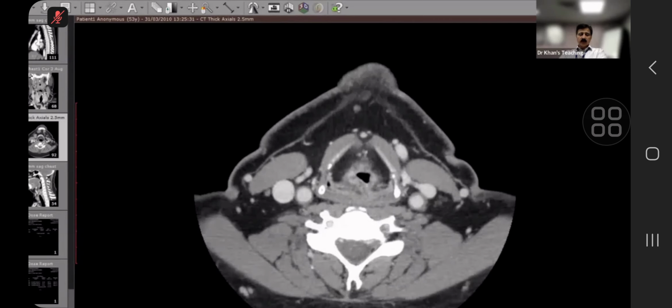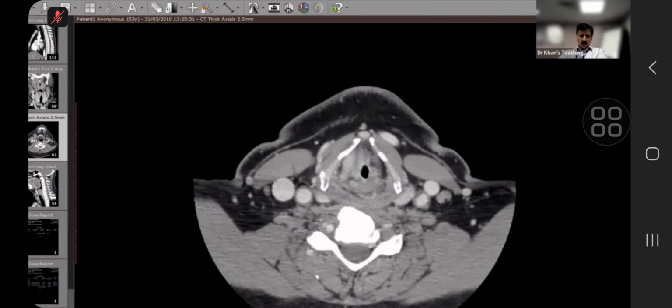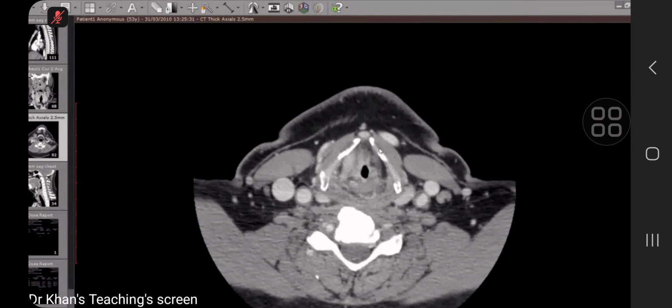So where is the false cord level? This is the paraglottic, paralaryngeal fat. Yeah. And paraglottic and paralaryngeal is the same thing. Yeah, these are synonyms. Okay. And this is the level of the false cord because I can't see the two cartilages here.